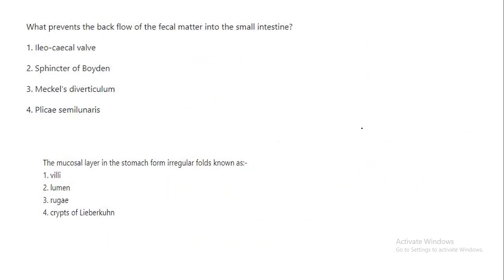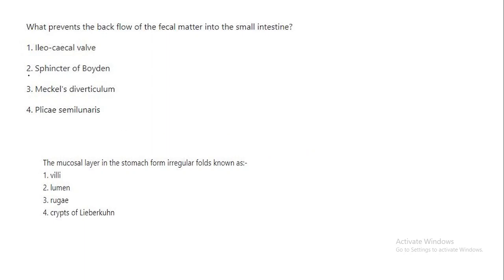Okay, yeah. What prevents the backflow of the fecal matter into the small intestine? Oh, so whatever keeps forming in the large intestine, that is the fecal matter ultimately. Okay, so what is it that is going to see that the fecal matter does not move back into the small intestine? Okay, let's look at the options.